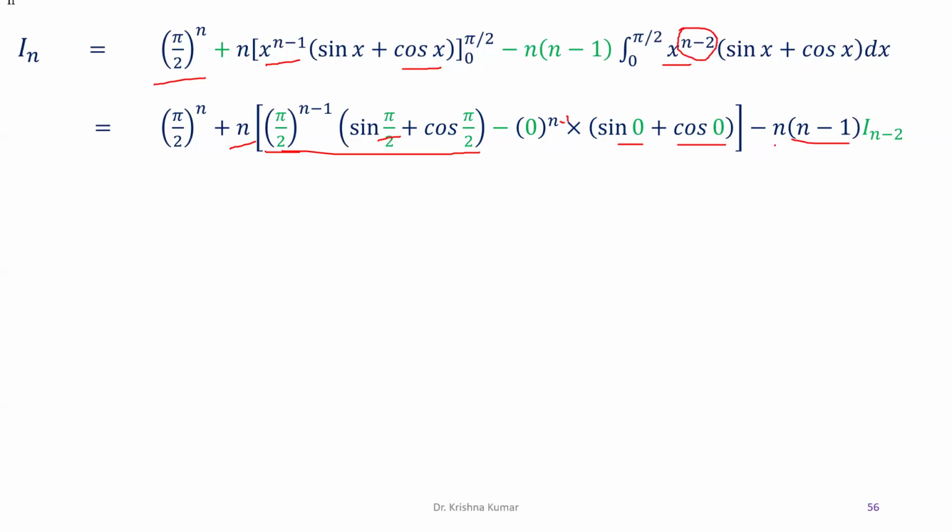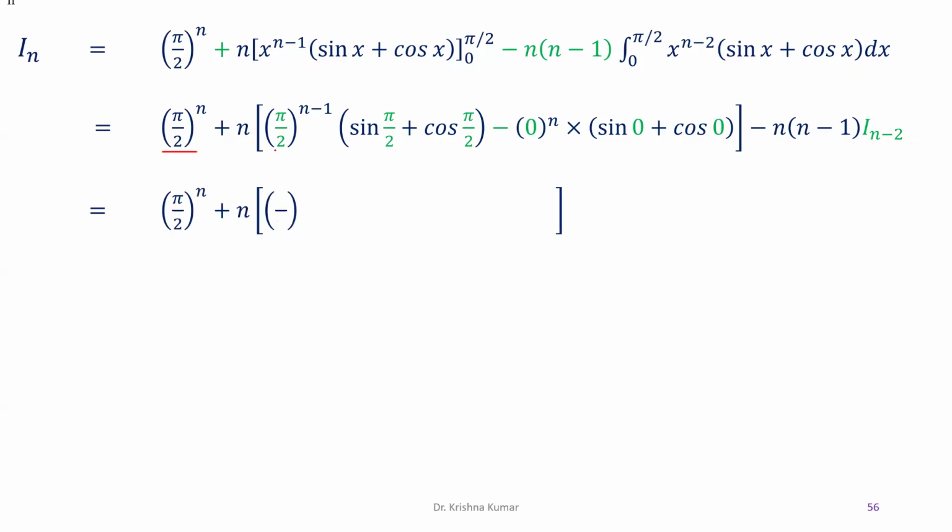So we can write minus n into (n minus 1) into I_(n minus 2). If we again simplify it, (pi by 2)^n plus n (pi by 2)^(n minus 1), sin pi by 2 is 1, cos pi by 2 is 0. This is again 0, sin 0 is 0, cos 0 is 1, minus n into (n minus 1) into I_(n minus 2).